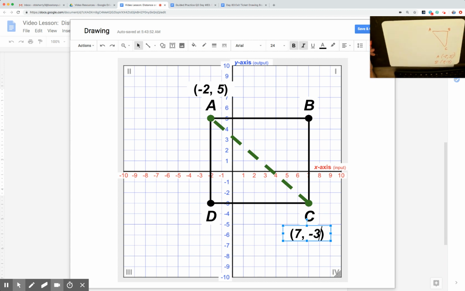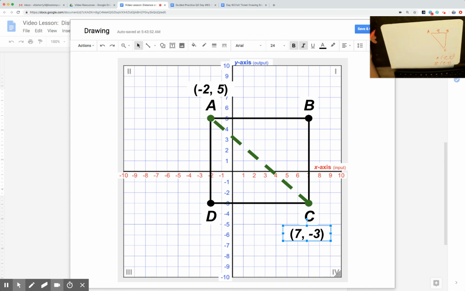I have two options to figure out how long A to B is at this point. Option number 1 is just to count. 1, 2, 3, 4, 5, 6, 7, 8, 9. So the distance from A to B is 9 units. I got that by counting on the graph.